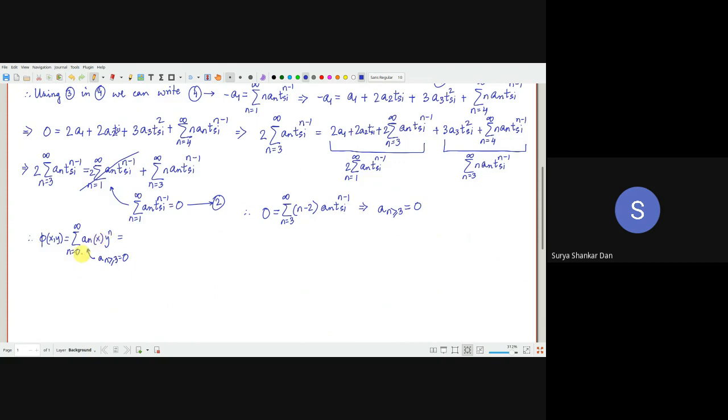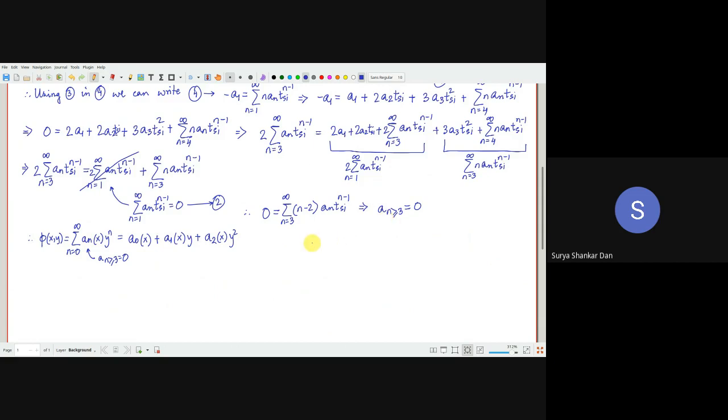So what is this value? a0 function of x plus, n equal to 1, that is a1(x) y plus a2(x) y square plus nothing else, because it becomes a3 and above. All the a3, a4, a5, a6 starting from a3 and all the higher coefficients of a will all be zeros. That is what we have proven here.